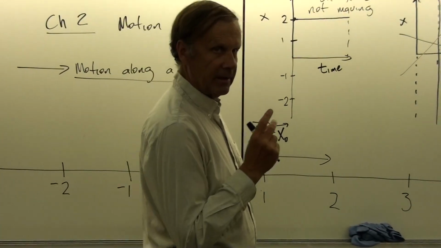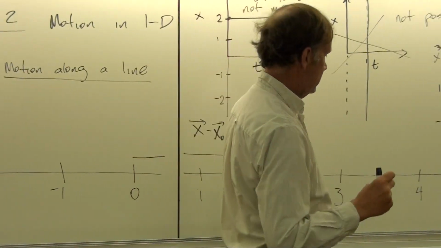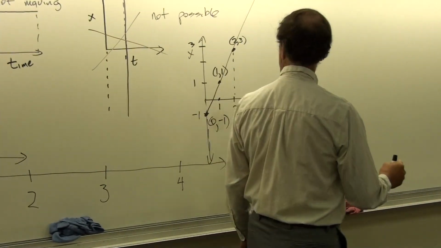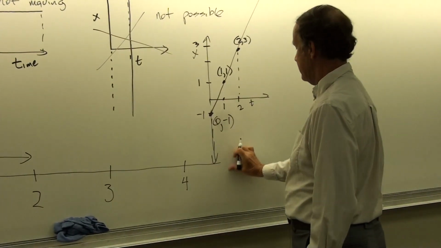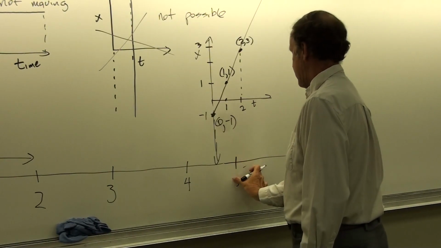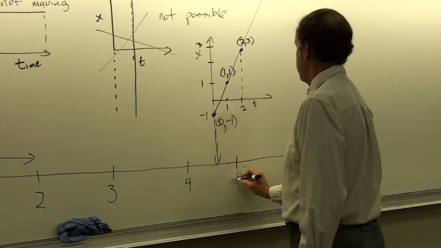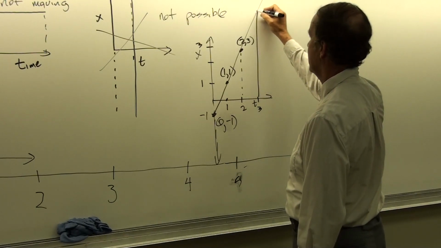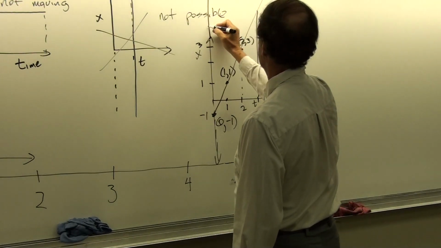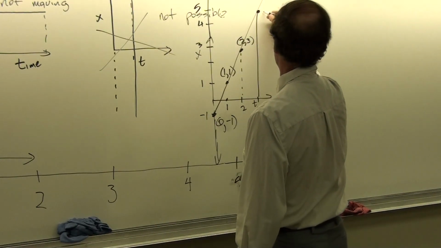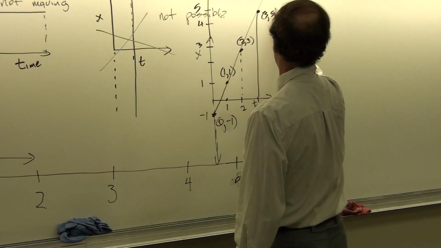Here's 1 second, 2 seconds, then 3 seconds. I'd be, I think you can follow the pattern now, I'd be at x equals 5. Okay, so this would be 3. So I go up here, this would be 3, and this would be 4, 5. This would be 3 comma 5.